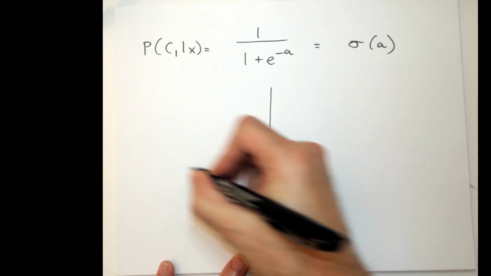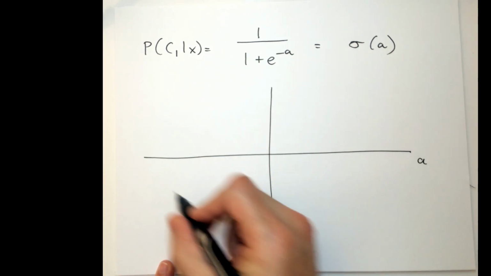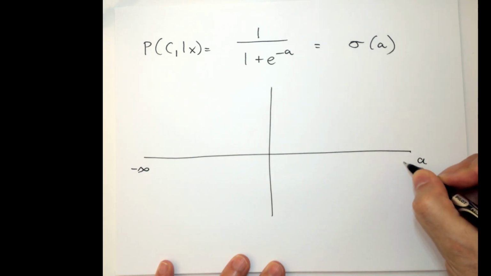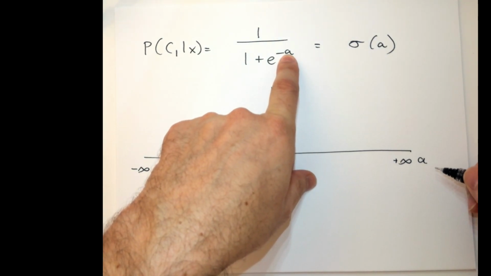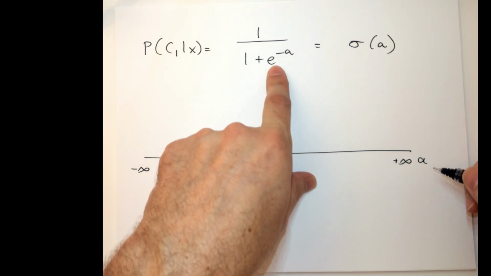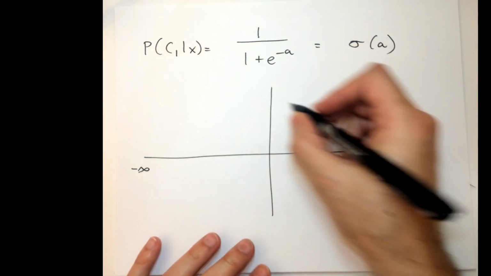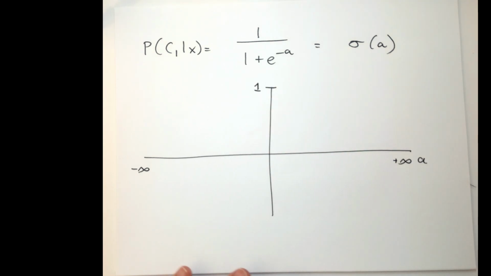So if I make a plot of A, I could basically have minus infinity to plus infinity, right? But when I take the 1 over 1 plus e to the minus A, what does that function look like? Well, when A is really big, e to the minus A turns into 0, so I have 1 up at this end.